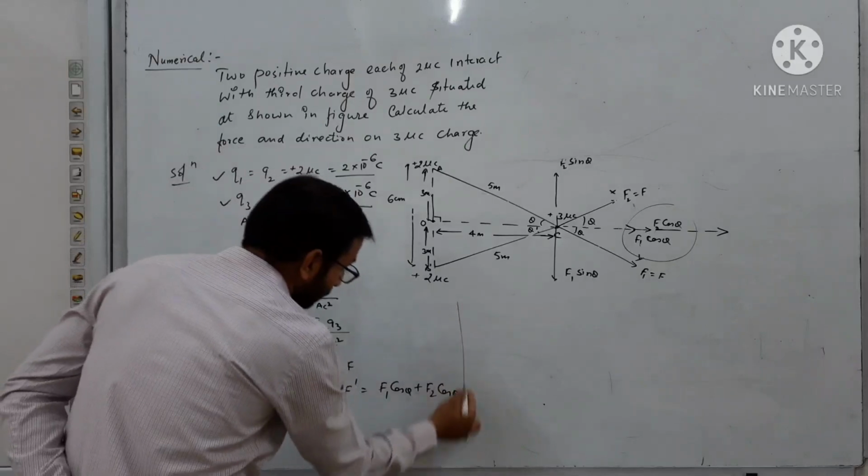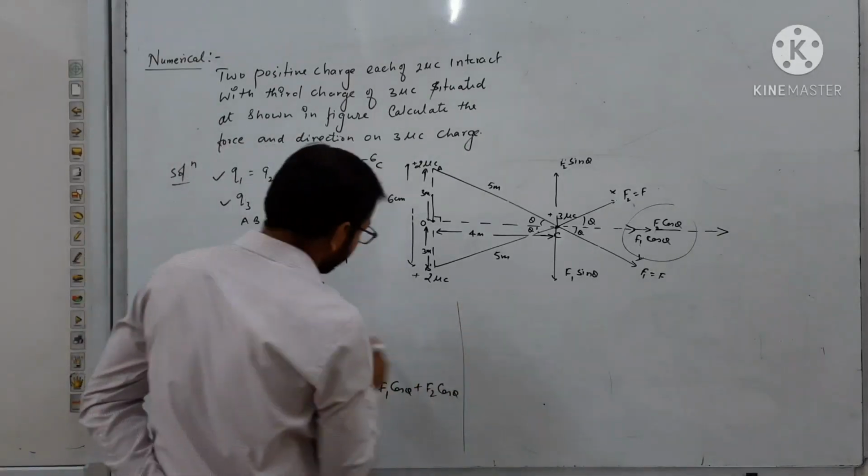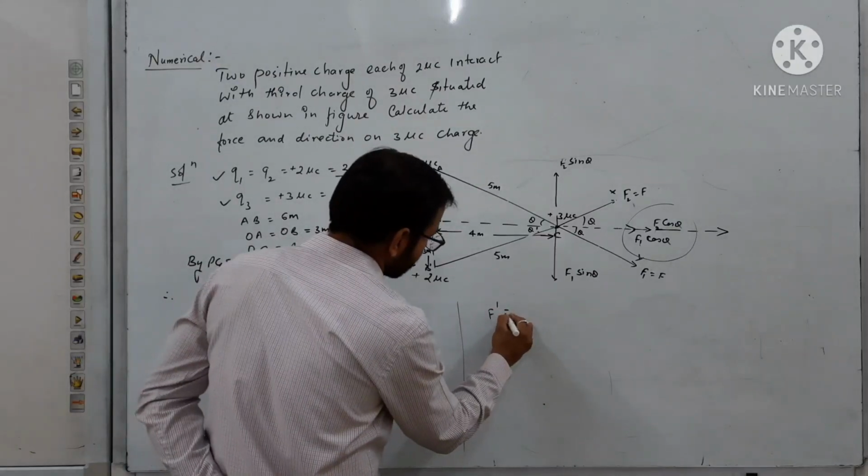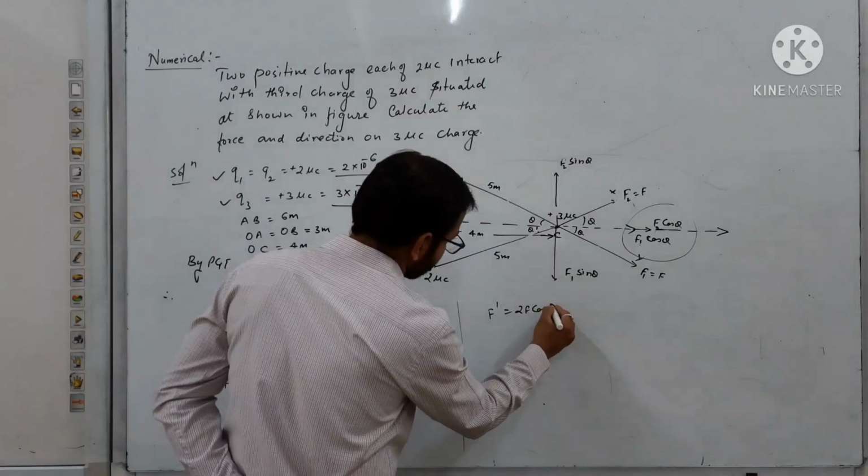Got it? Since F1 and F2 have the same magnitude, we can write F dash is equal to 2F cos theta.